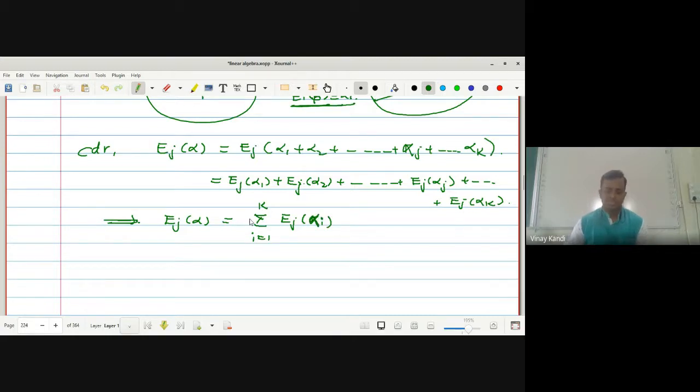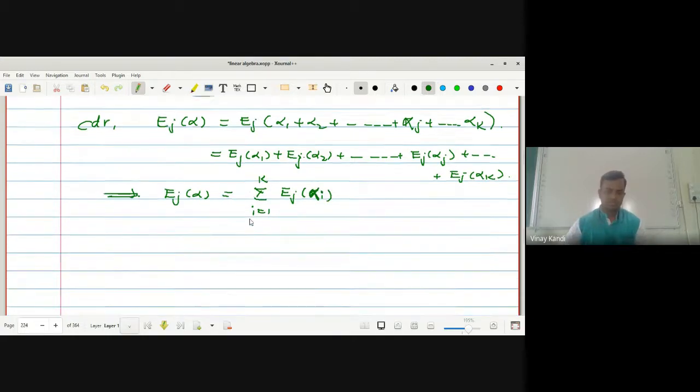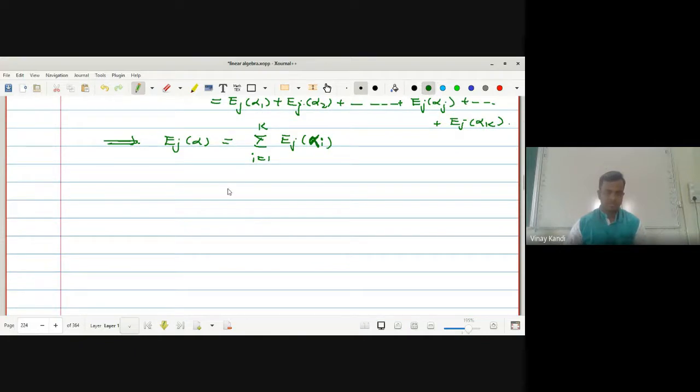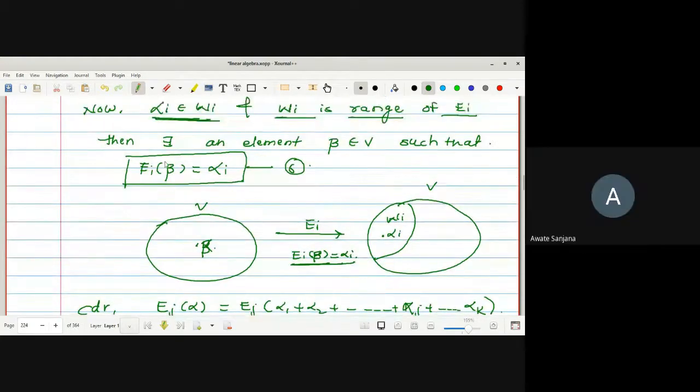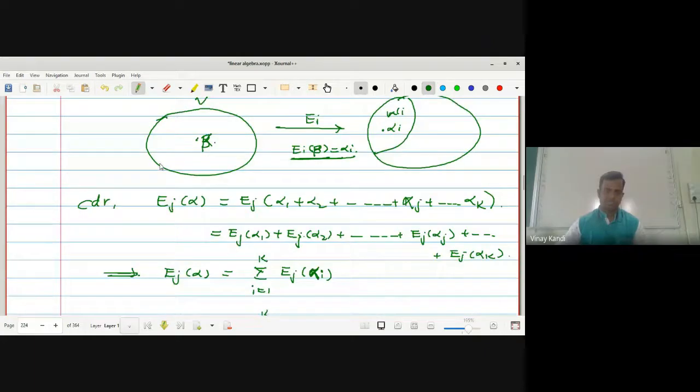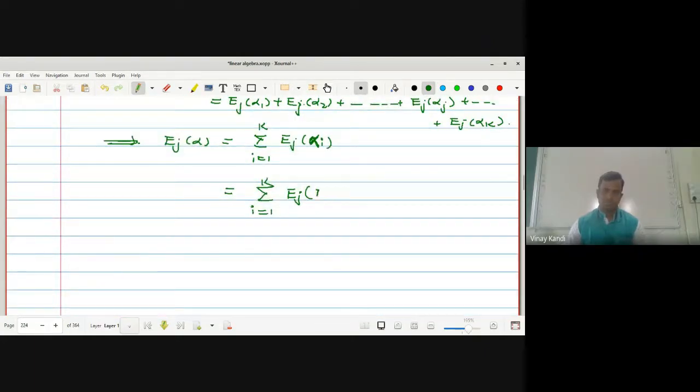Yes, sir. Written in the form of summation. Okay, so this is equal to summation of I running from 1 to k. Okay, this is E j as it is. What is alpha I? It is E I of beta. This is E I of beta.